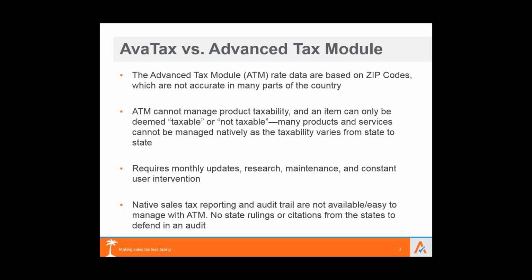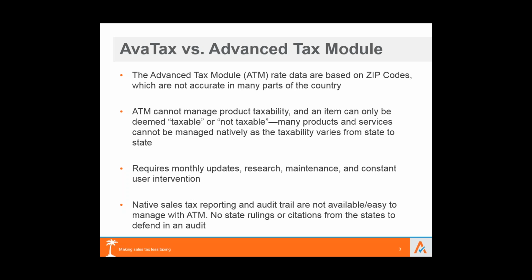Some key differences between what the Avalara module offers over what's native functionality within NetSuite. The native functionality is going to use zip codes versus rooftop location. I use the word rooftop loosely because I know you guys aren't installing in homes. Rooftop's actually going to mean a pinpoint on a map. I know that that's something that you're looking for, and I'll show you that. Secondly is product taxability.